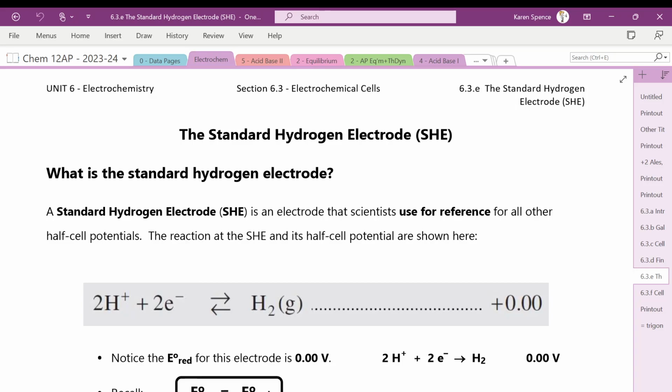Okay, the standard hydrogen electrode, page 88, 88.